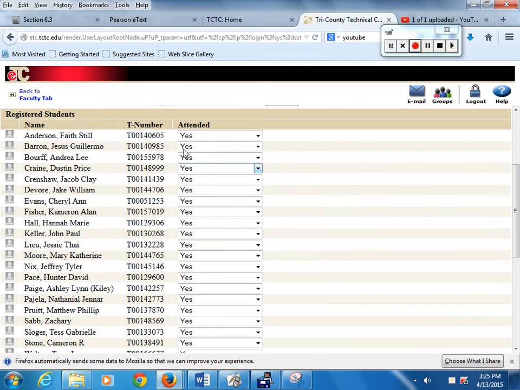Okay, Miss Anderson's not here today. Barron was here. He came in earlier. Crenshaw. DeVore. Here. Evans is not here. Fisher. Here. Hall. Keller's not here. Lou is here. Moore is here. Nix. Here. Pace was here today.